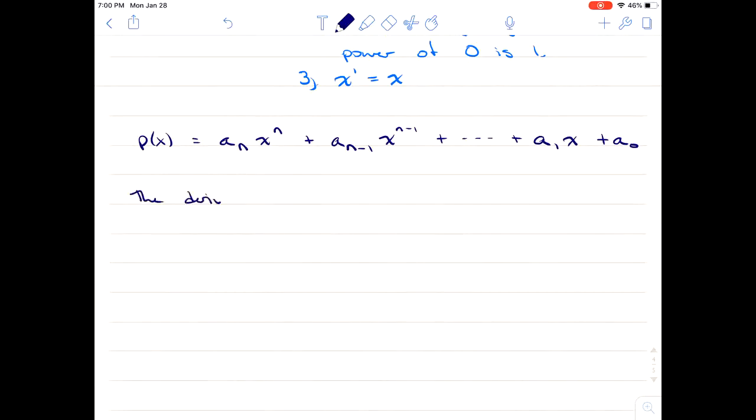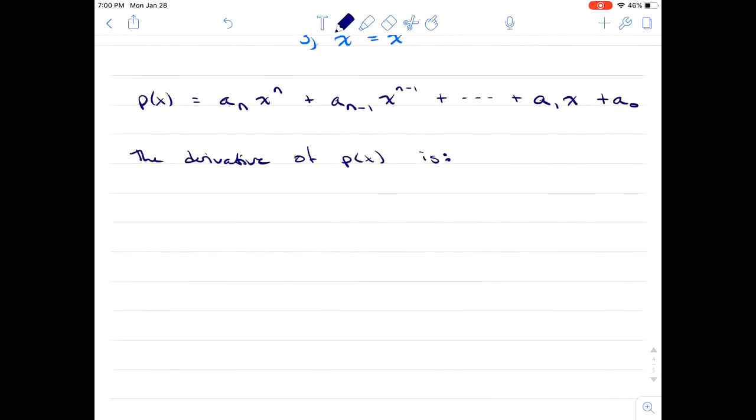The derivative of p of x is, I'm just going to give it to you, p prime of x, to indicate that here comes the derivative. We're going to write it out and then talk about it.